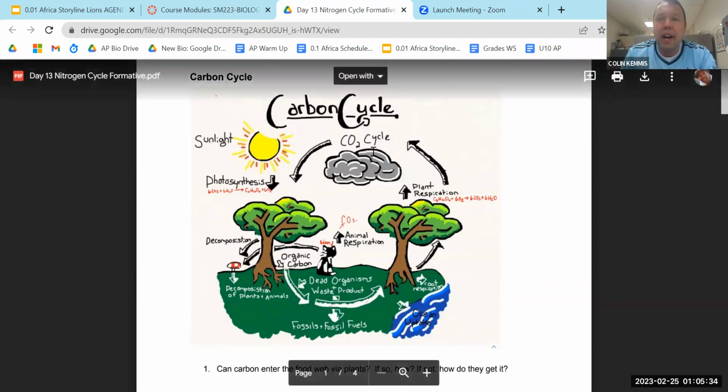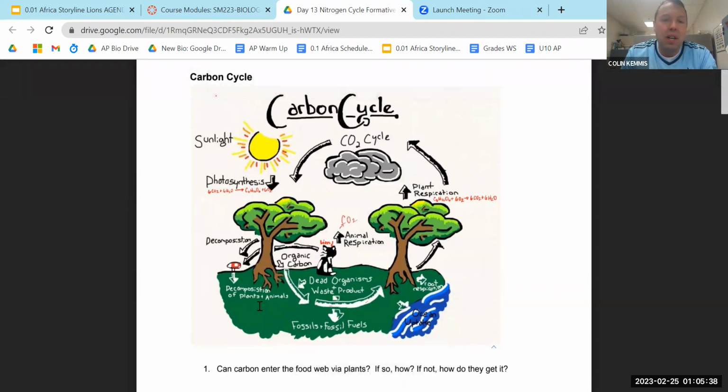So CO2 is a gas in the atmosphere. Plants breathe it in. They also get water from their roots, light from the sun. Through the process of photosynthesis, they can make glucose and other molecules. This enters the living part. When animals eat plants, they can get the glucose. Both plants and animals do respiration, which is the opposite chemical equation.